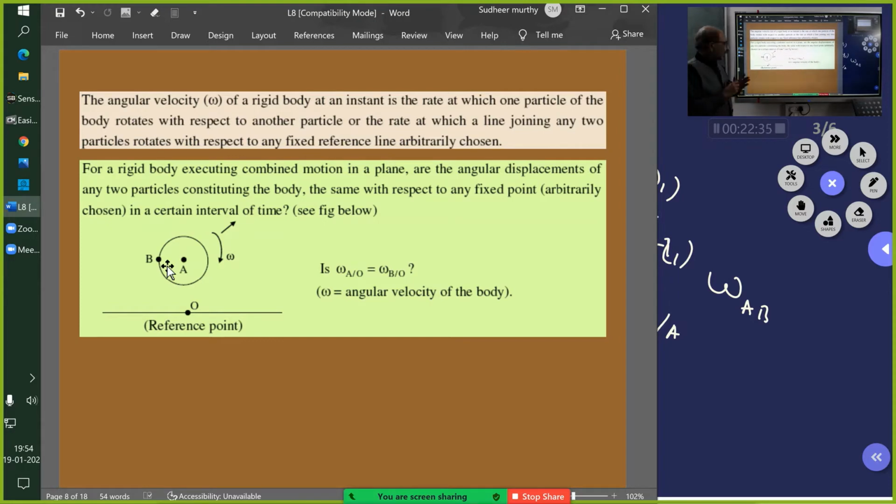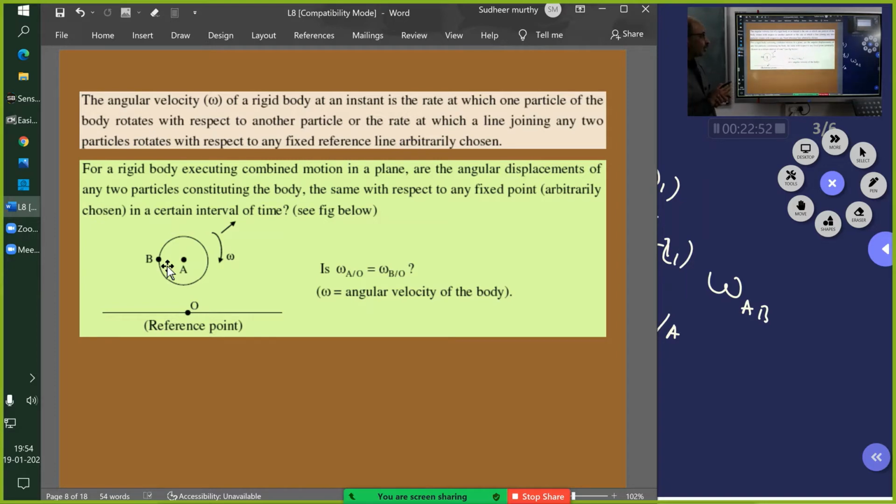So now B will go from this position to another position, and A will also go from this position to another position. That is, B will go from B to B dash, and A will go from A to A dash. It is the combined motion.